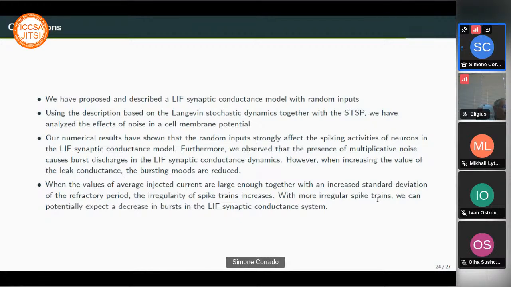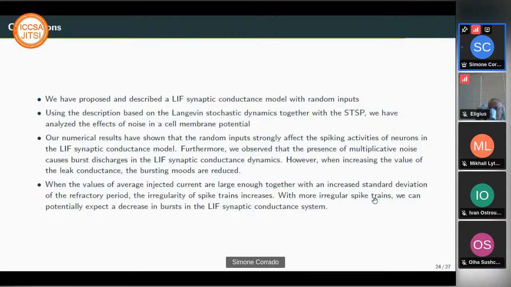However, with an increase in the value of the leak conductance, the bursting modes are reduced. And finally, when the values of average injected current are sufficiently large, together with an increased standard deviation of the refractory period, the regularity of spike trains increases. That's what I've been talking about, these two characteristics: spiking interval and coefficient of variation.